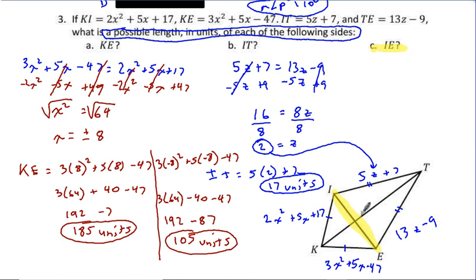No, we do not. The only thing we know is that this side is congruent to this piece because segment KT, that diagonal, bisects at a 90-degree angle the diagonal IE. So right now we do not have enough information.